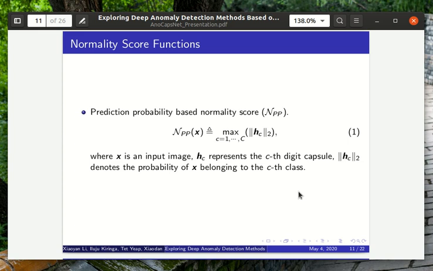Assuming the network is trained sufficiently well, for a normal test image there should be 1 and only 1 probability being close to 1, representing the possibility of this image belonging to its true class. Based on this property, the prediction probability-based normality score is defined, simply called the PP normality score function.